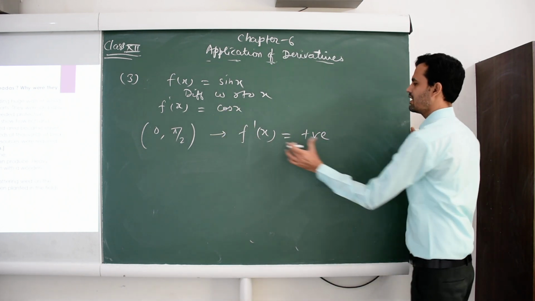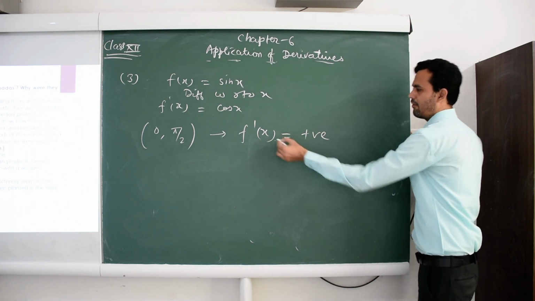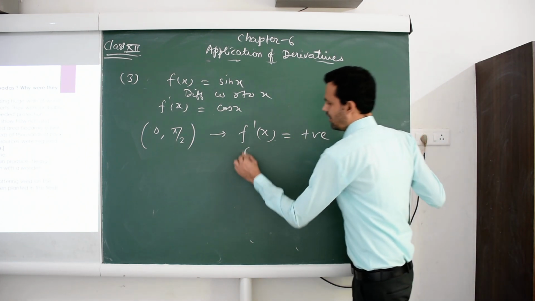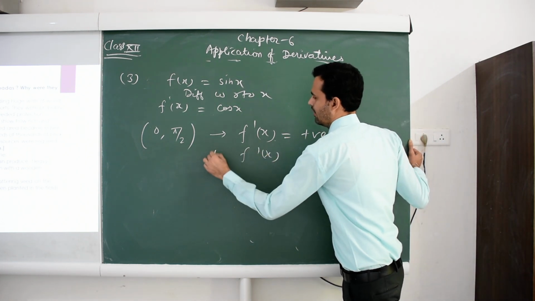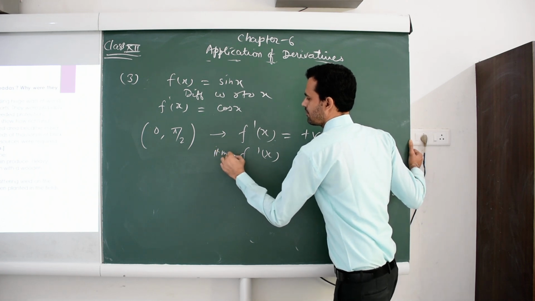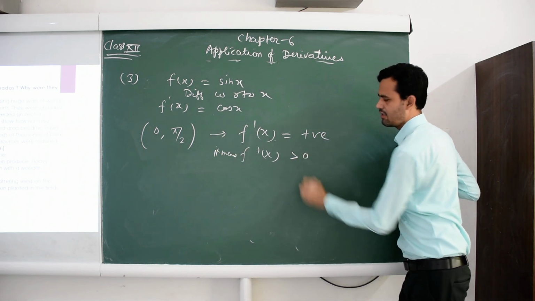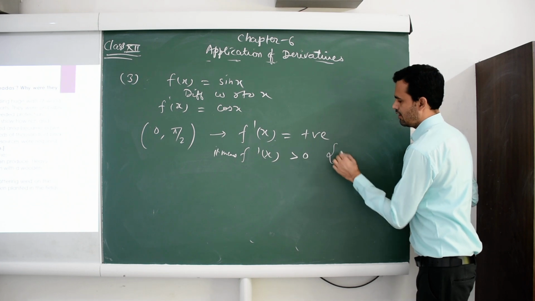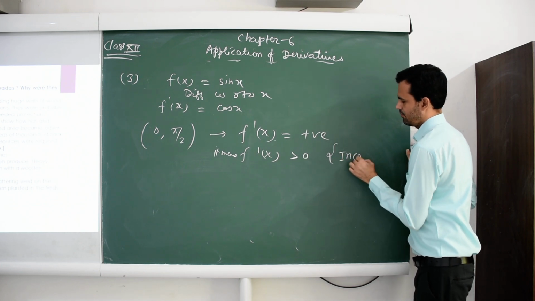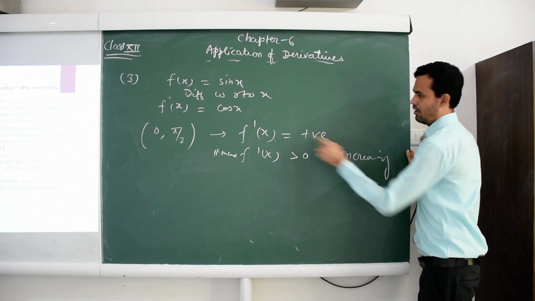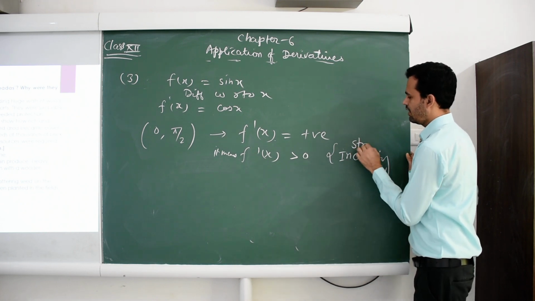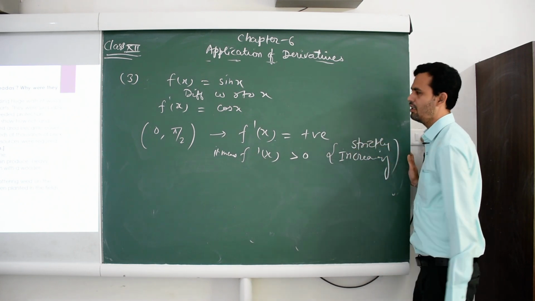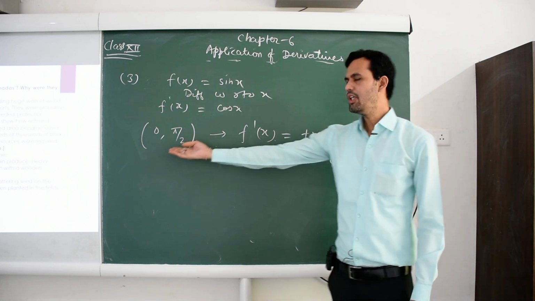Therefore f dash x is positive, which means f dash x is greater than 0. So the function is increasing, and the interval is open, so strictly increasing in this interval.